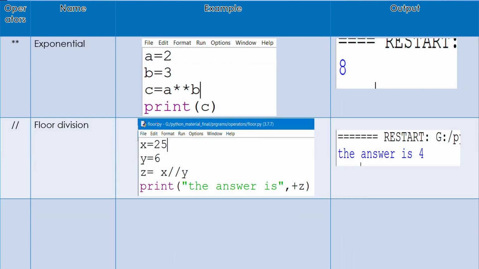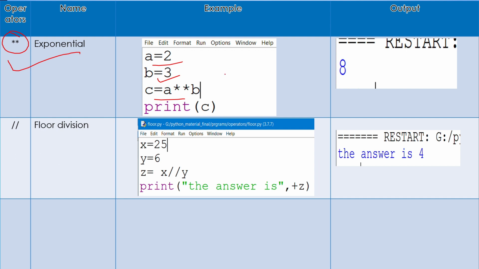Now we come to the next operator, that is the exponential operator, and it is also an arithmetic operator. So A is equals to 2, B is equals to 3, C is equals to A star star B. The exponential operator is denoted by this symbol.